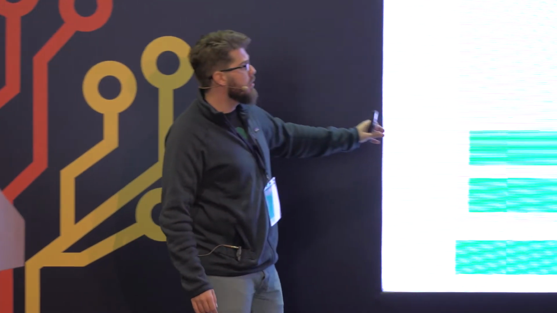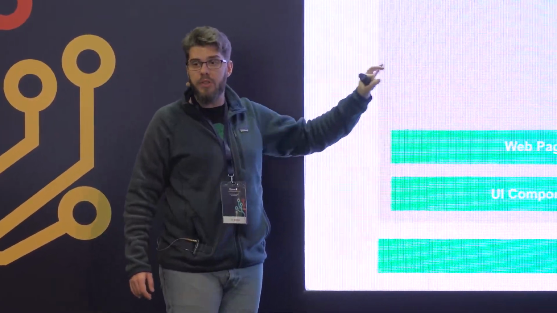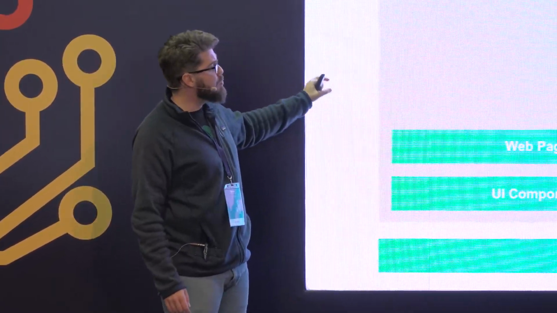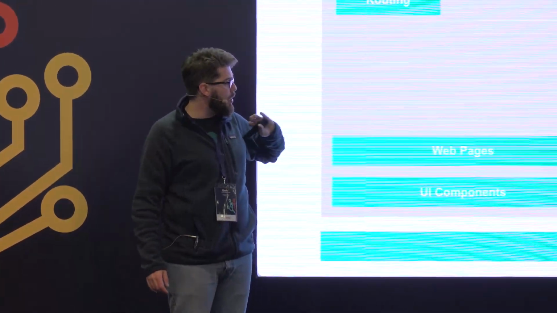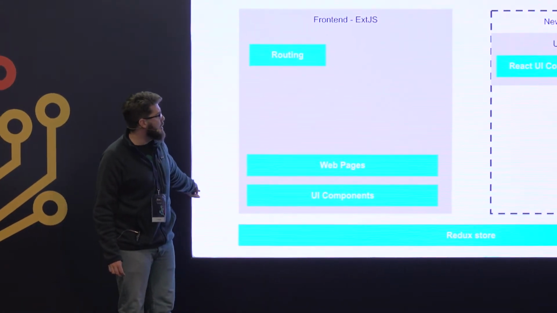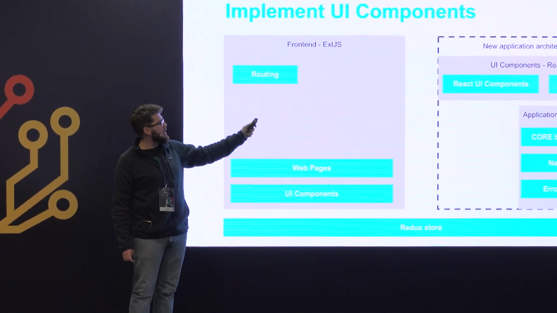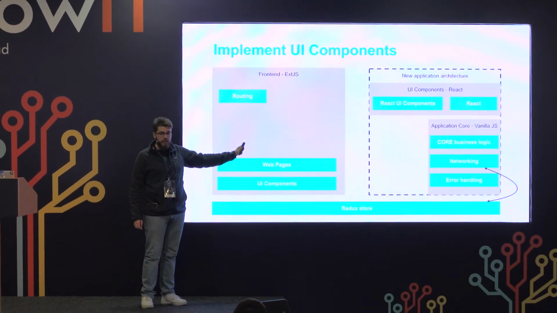So let's go back to our architecture here. We've used the Redux store to have the shared data and single source of truth for both application spaces. We've moved the application core to Vanilla.js, moving all of our networking, error handling, and domain logic there. Also, we've created our reusable React components and added them into this application.